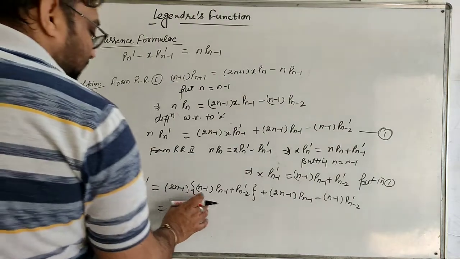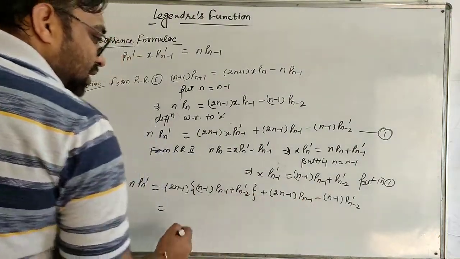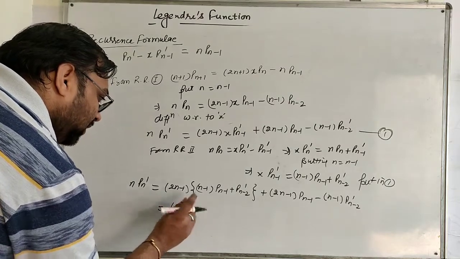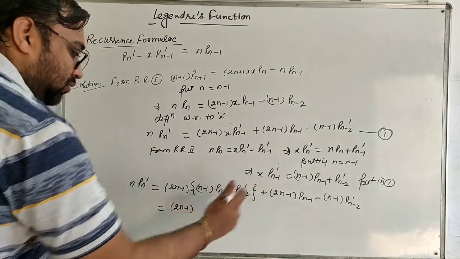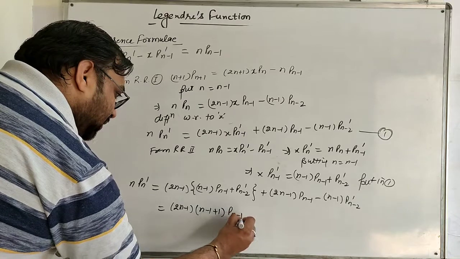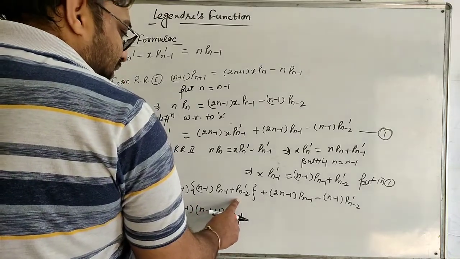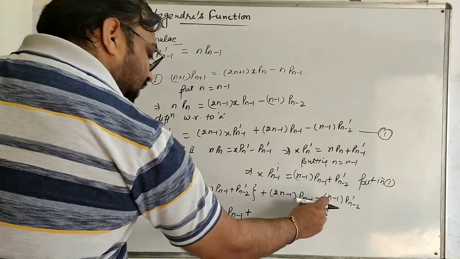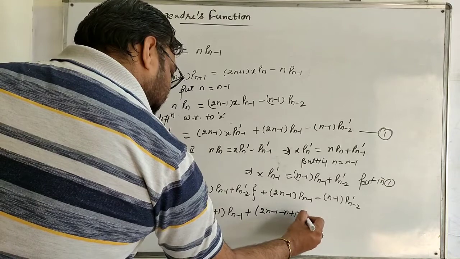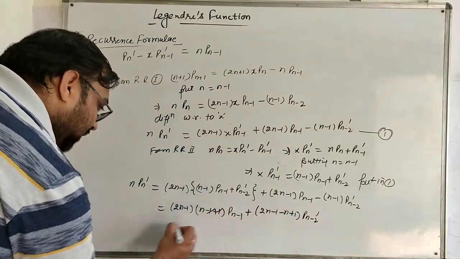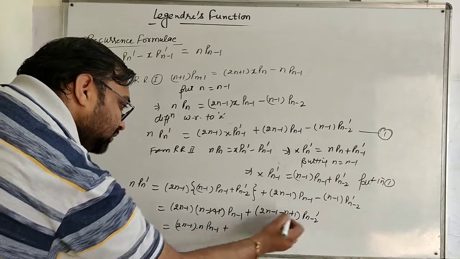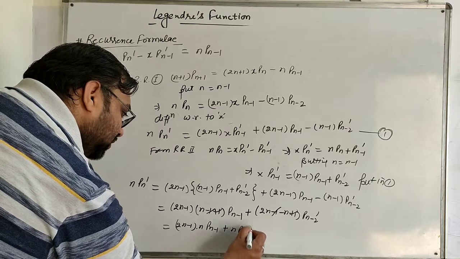On simplifying with respect to Pn-1 and Pn-2', 2n minus 1 is here and also in this particular term, so common is (n minus 1 plus 1) Pn-1, and (2n minus 1) Pn-2' and minus (n minus 1) Pn-2'. So (2n minus 1 minus n plus 1) Pn-2', or we can write it as (2n minus 1) into n Pn-1 plus n Pn-2'.